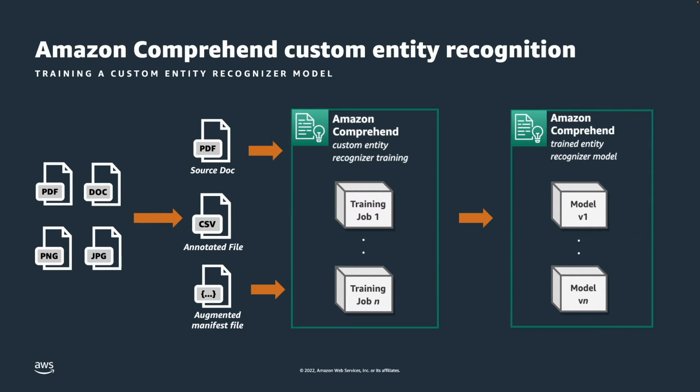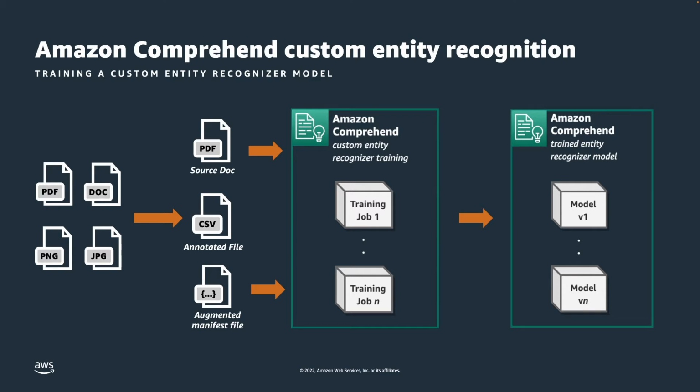A typical document processing workflow involves documents in multiple formats like semi-structured PDF, PNG, JPG, etc. Documents can be multiple pages or a single page, and can be digital or scanned.